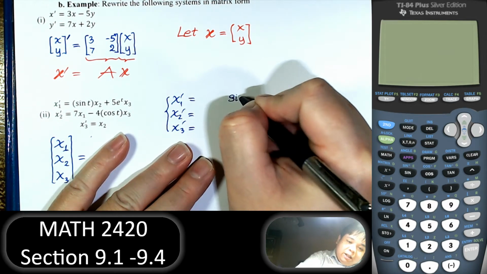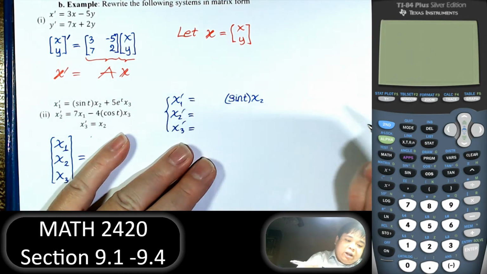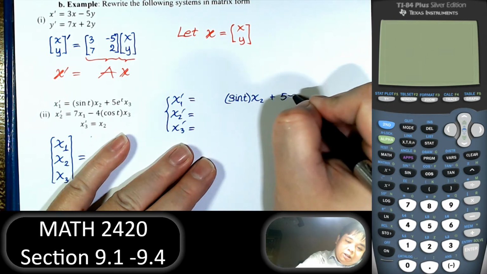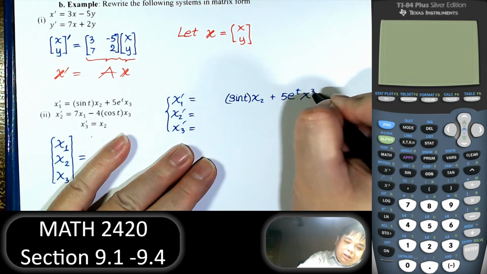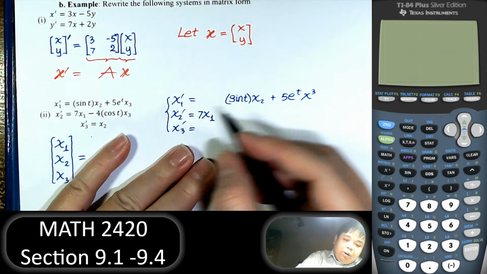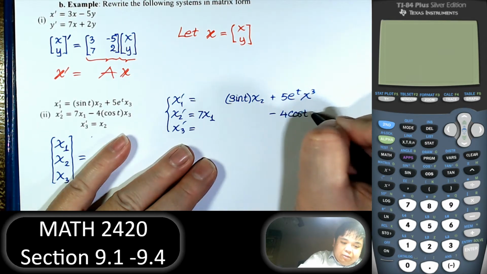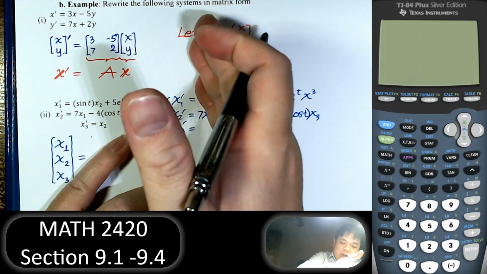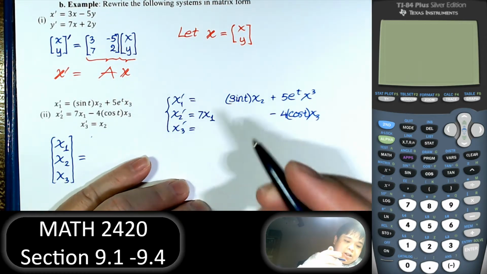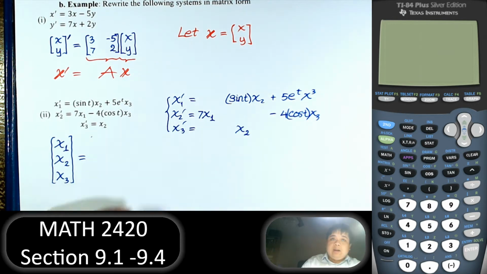So sine t x2, because there's no x1 here, and 5e to the t x3, right? You have 7x1, no x2. So we have to align them so that all the x1 is in this column, then x2 and x3, and there's no x2 or x3 here, right? So that's what we have.